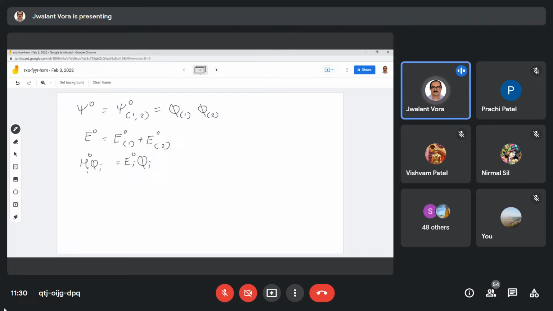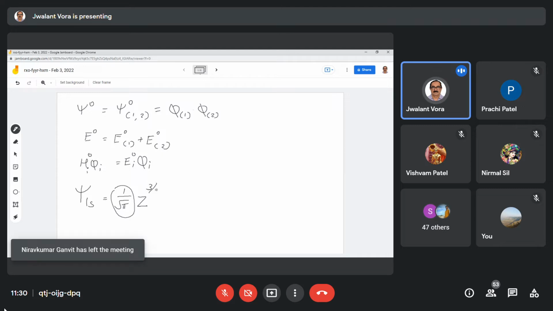H0 phi i is equal to E0 i phi i. Now, psi for a 1s electron is equal to 1 upon root pi, this is the normalization constant, times Z raised to 3 by 2 times e raised to minus ZR. For all the different wave functions, all different orbitals, you may have seen the values in the 12th standard.